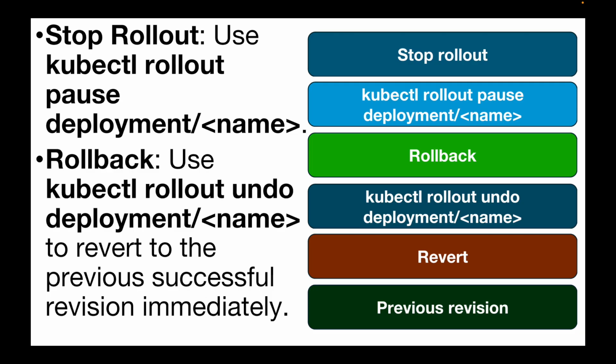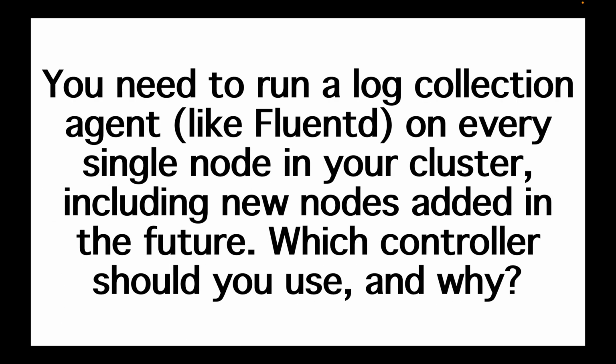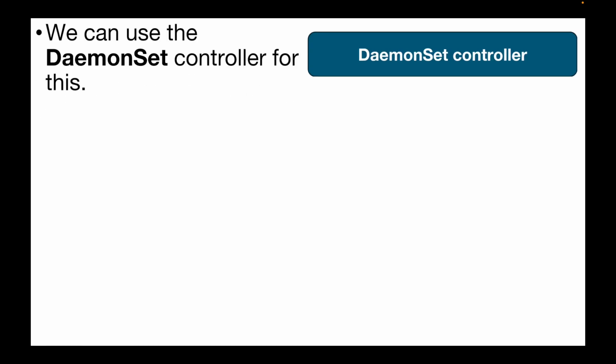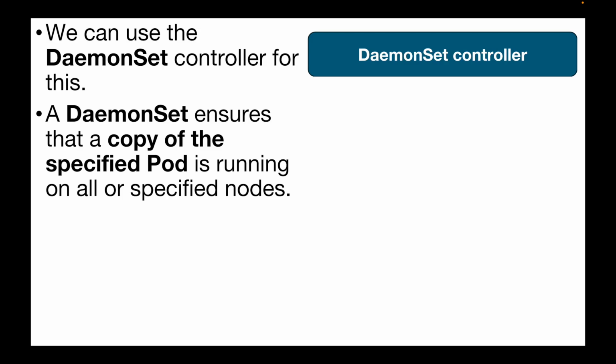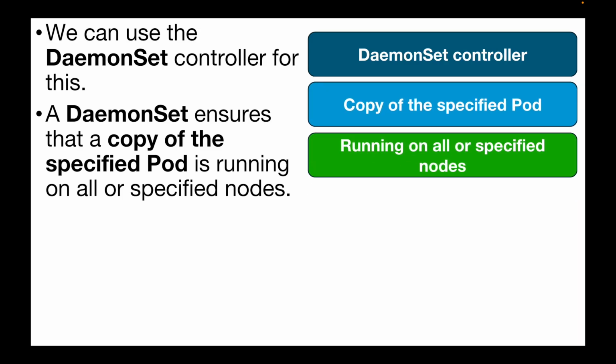The next question we have is, you need to run a log collection agent like Fluentd on every single node in your cluster, including new nodes added in the future. Which controller should you use and why? For this, we can use the DaemonSet controller. A DaemonSet ensures that a copy of the specified pod is running on all or all the specified nodes.